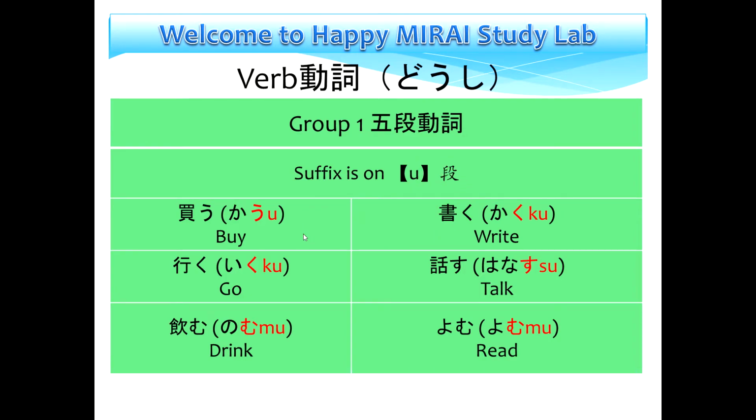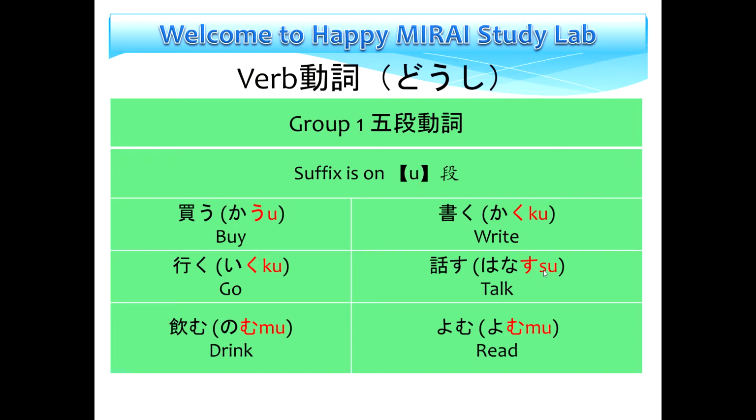For example, kau, buy. See the suffix? U. Kaku, write. Sorry, not kaku, kaku. Ku, see the suffix? U. Next one, iku, go: ku, u.